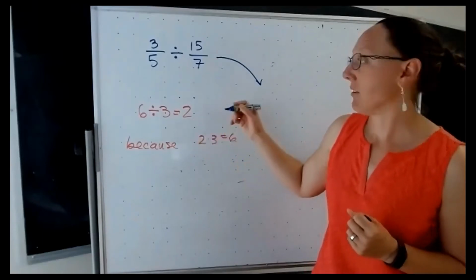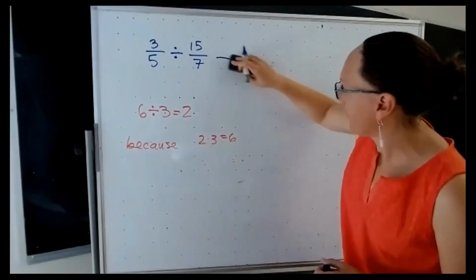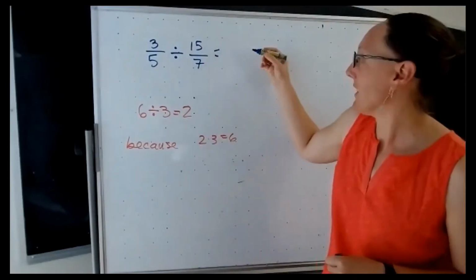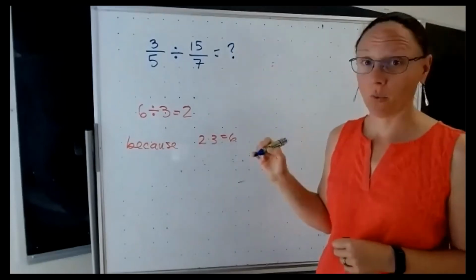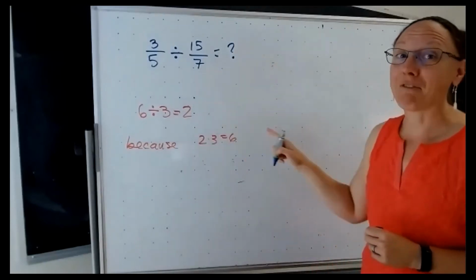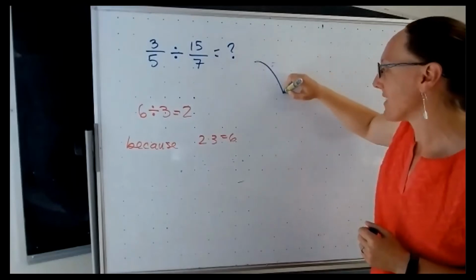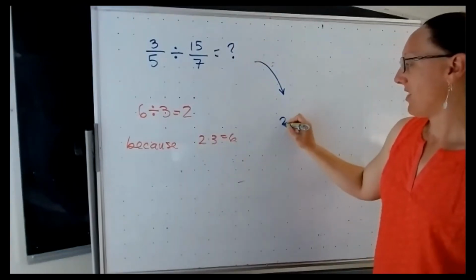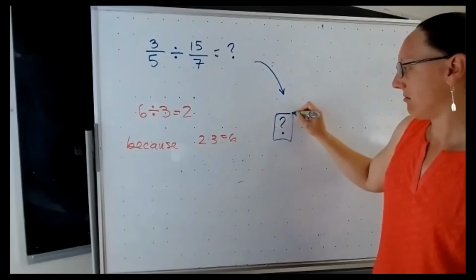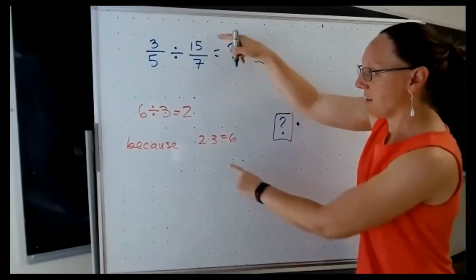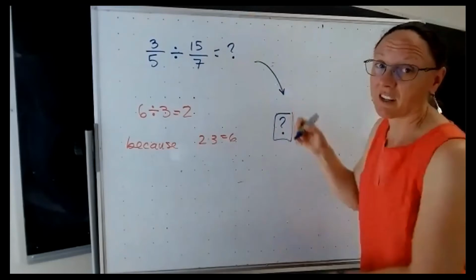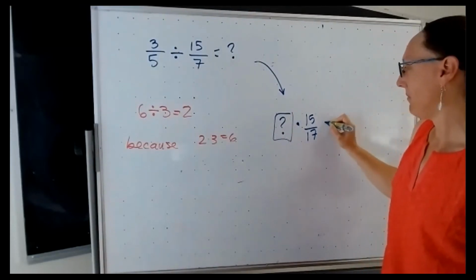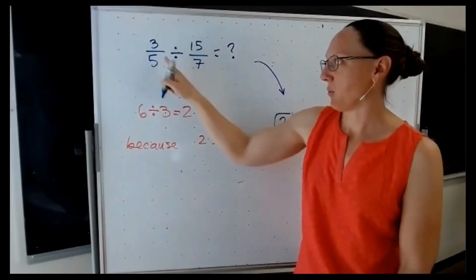So I need a piece on the side because I needed an equal sign. This is equal to, I don't know. If I went out to write that same because statement, this would look like the piece I don't know times the 15/7 is equal to 3/5.